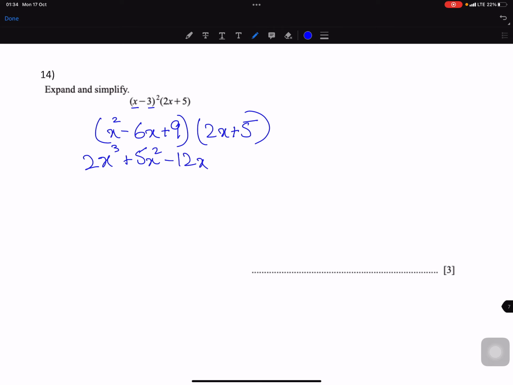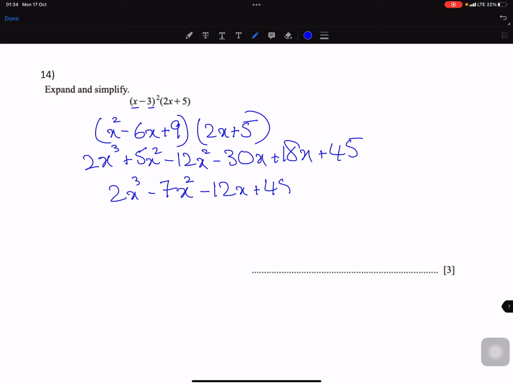Negative 6x times 5 is negative 30x. Then 9 times 2x is 18x, and 9 times 5 is 45. Okay, 2x cubed has no like term. 5x squared minus 12x squared is negative 7x squared. Okay, negative 30 plus 18 is negative 12x plus 45, and done.